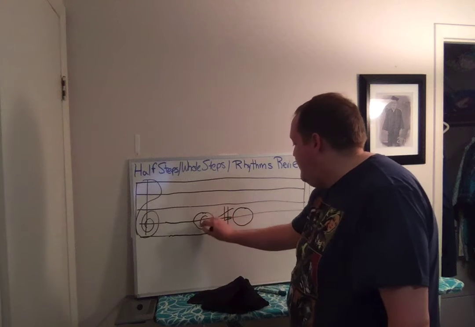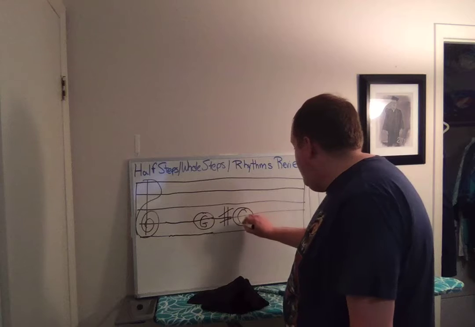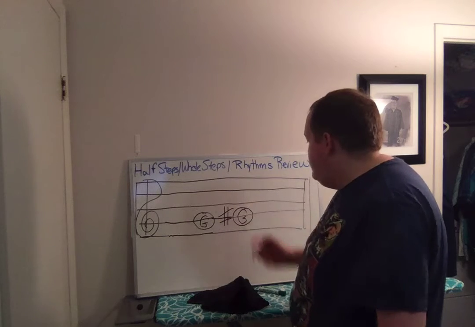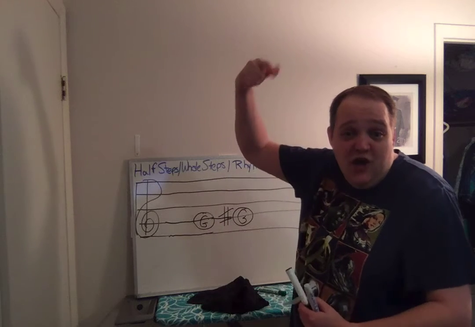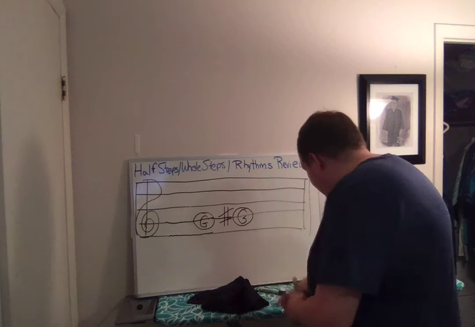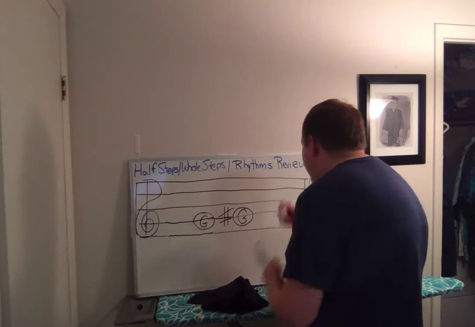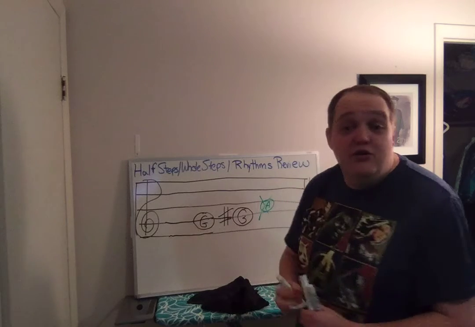Again, G is where we're starting, and we're just going up a little bit to G sharp. So we're going G to G sharp. Are we going to the top? Are we going all the way to A yet? Nope. No, we are not.